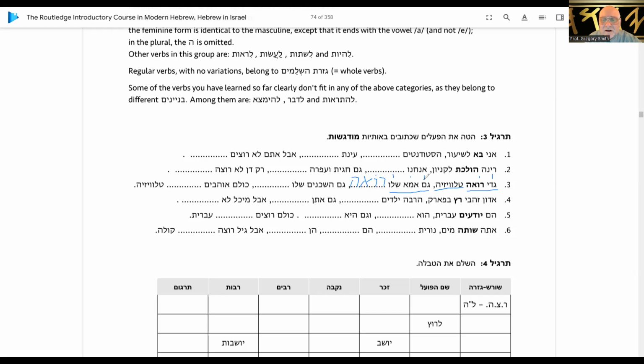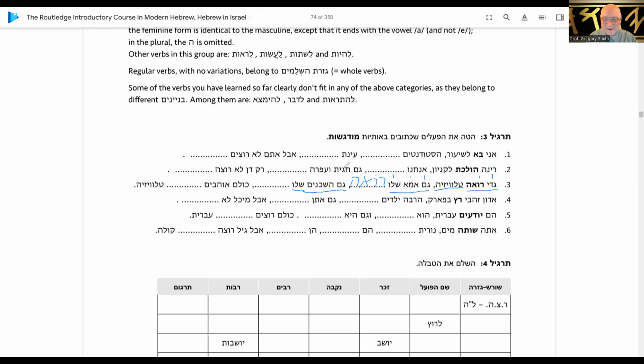Okay, so we should have gam ima shelo. Also, in other words, a mother belonging to him, shelo, ro'ah is watching. Gam hashakanim shelo. Look at that, even the neighbors are there watching. גם השכנים שלו.